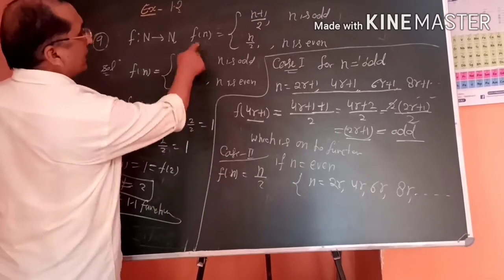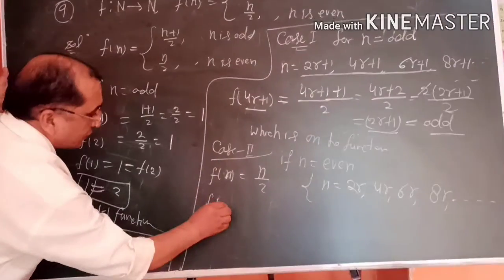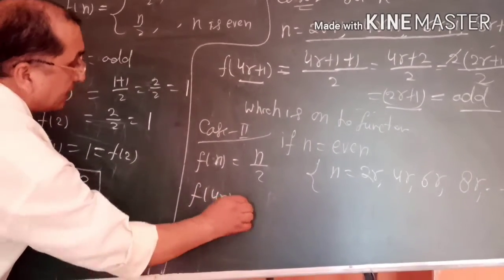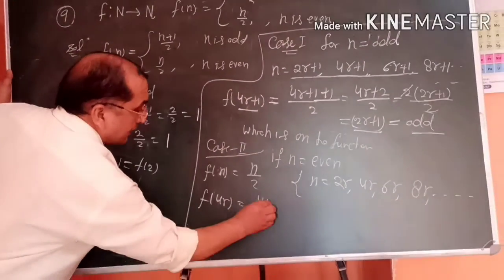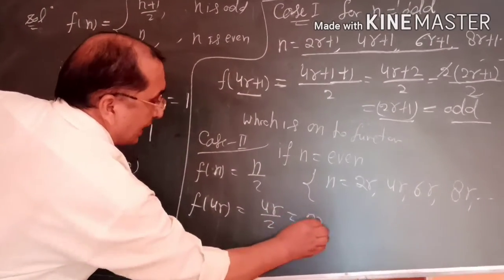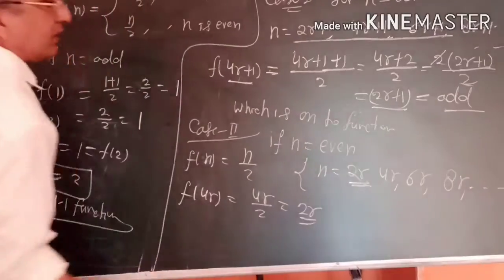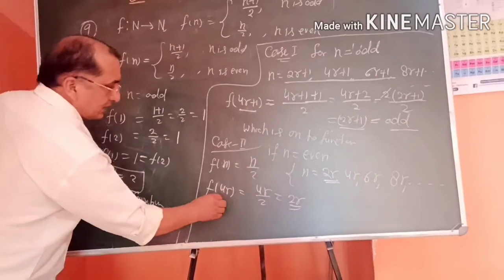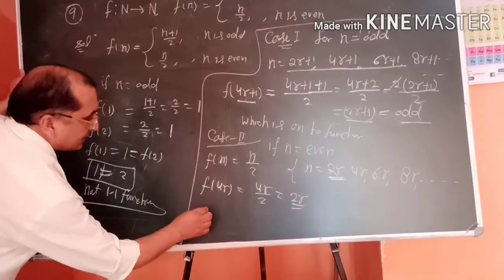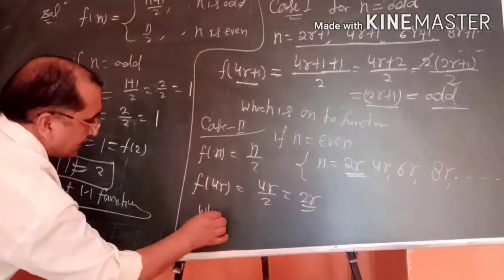Then we can put this value in the given question. So 4r upon 2 means 2r is coming. 2r also belongs to the even numbers. So even means even will come.